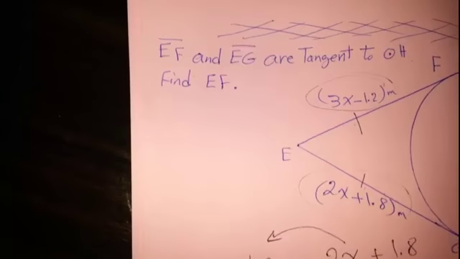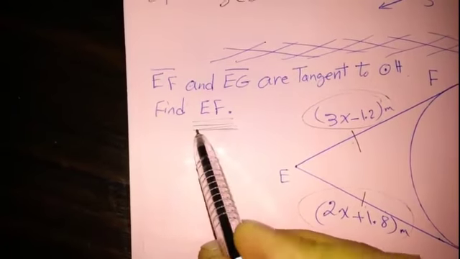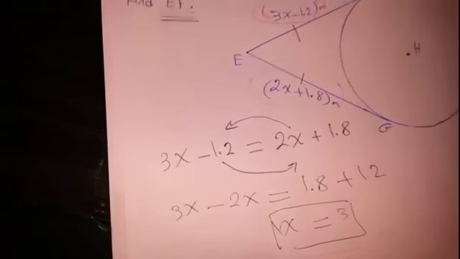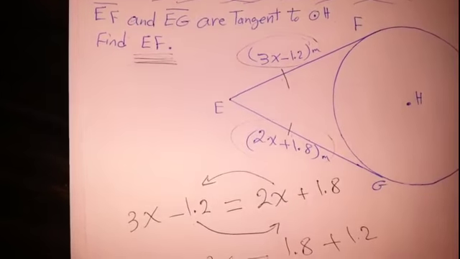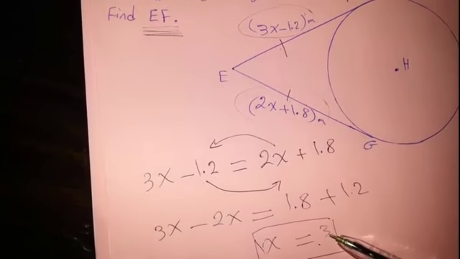The question was: find EF. So after you got x, you substitute, replace x by the value you got, which is 3.